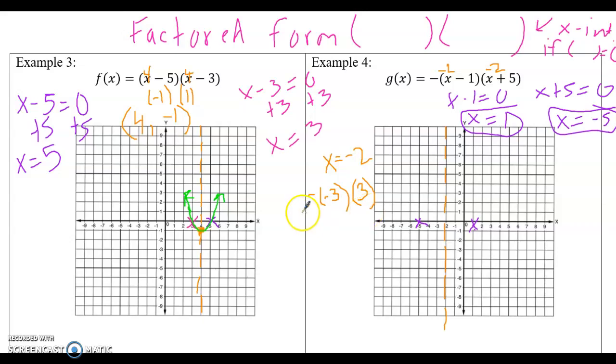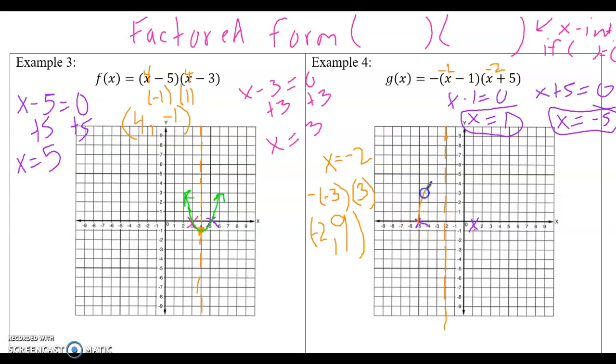So the negative times negative 3 is 3, and 3 times 3 is 9. That means my vertex is at negative 2 comma 9. So negative 2 comma positive 9 is up here.